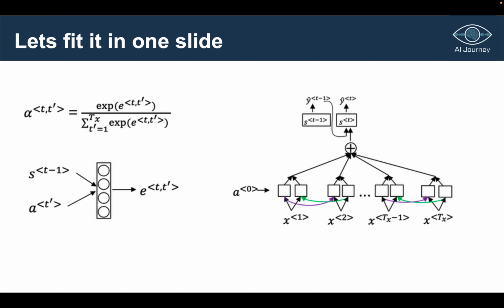And now you should be asking me, how are we going to figure out the parameters alpha t,t prime?